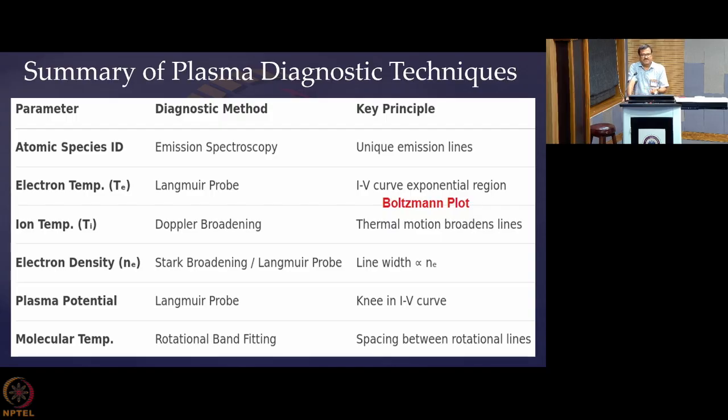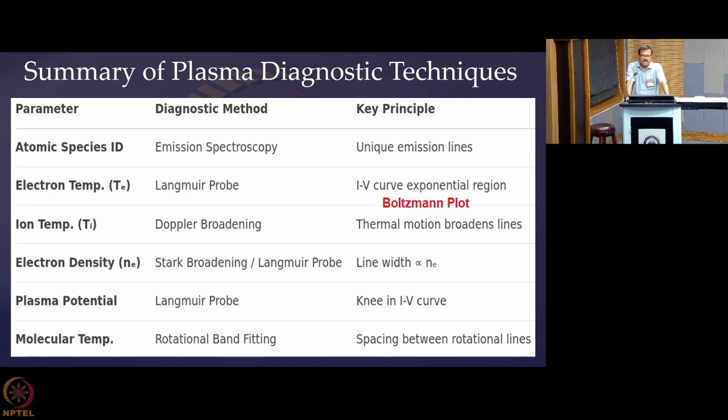The IV curve exponential region in case of Langmuir probe will give you the electron temperature. Boltzmann plot technique can give you the electron temperature in thermal plasmas. Ion temperature you can find out from Doppler broadening, where thermal motion broadens lines in case of your line broadening for the species that you are considering.